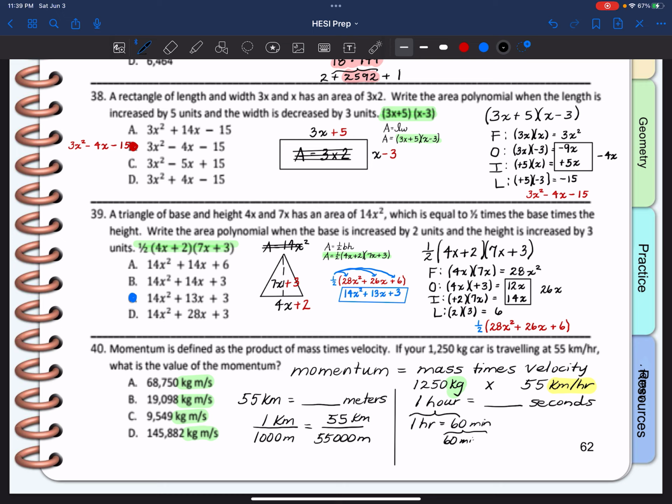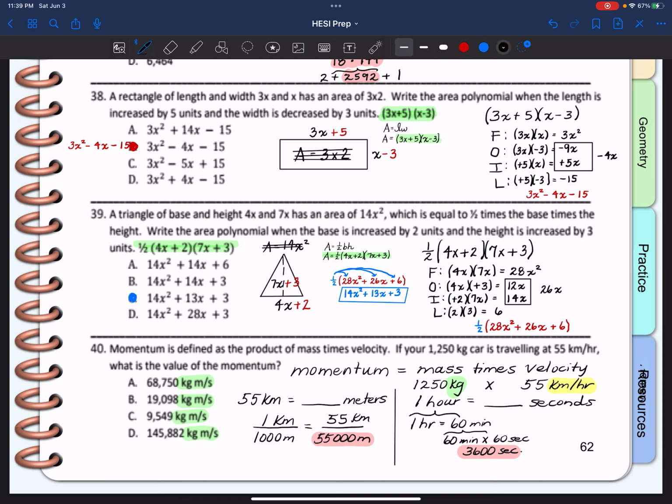So 60 minutes times the 60 seconds they contain is 3,600 seconds. So 1 hour is 3,600 seconds. So we need those two pieces of information. We need the 55,000 and the 3,600 in order to complete this process.